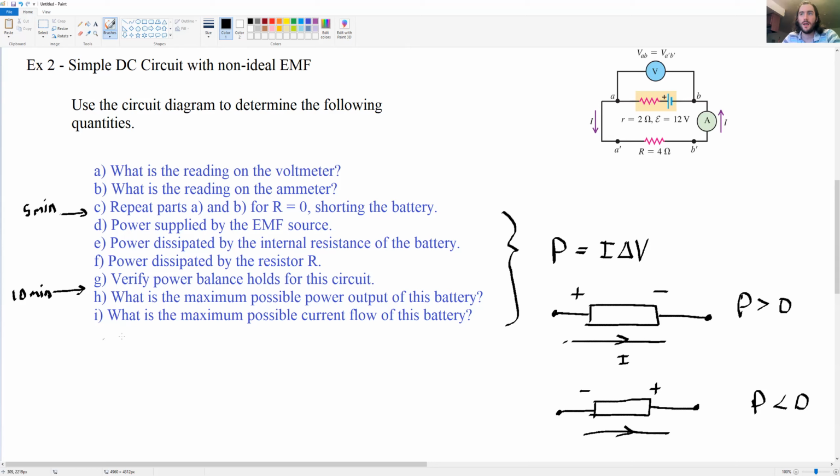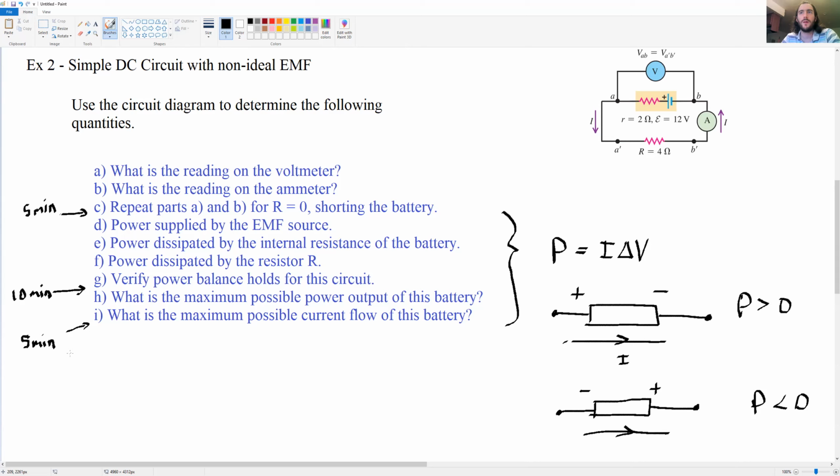Then for the last part, another 5 minutes. So we're planning for about 20 minutes worth of time, plus however long I talk about the parts. Let's call it about 30 minutes for this example problem.